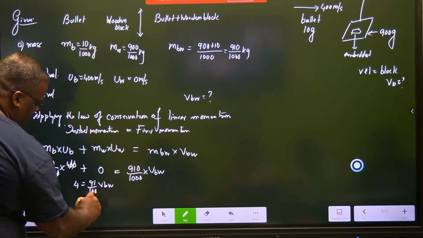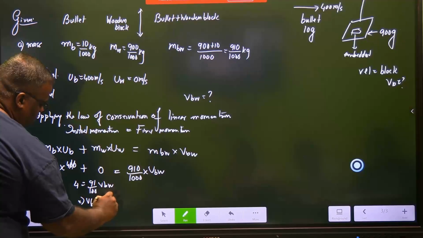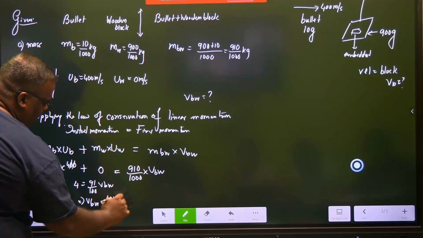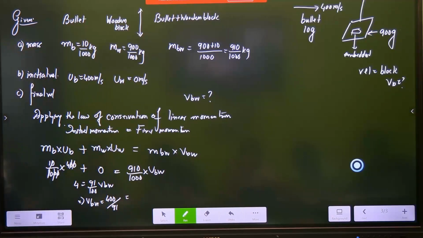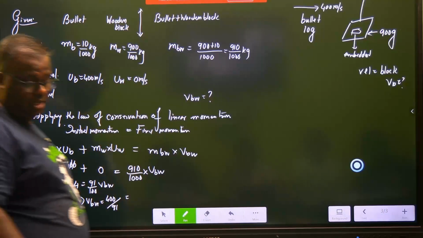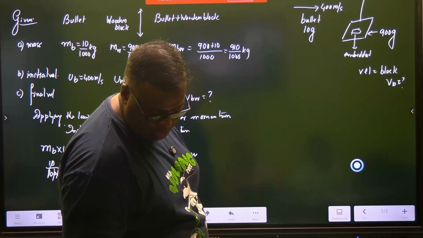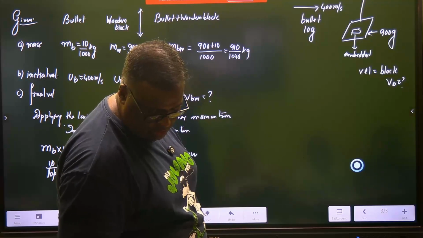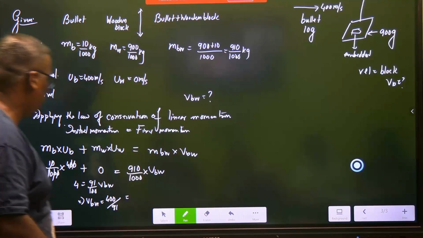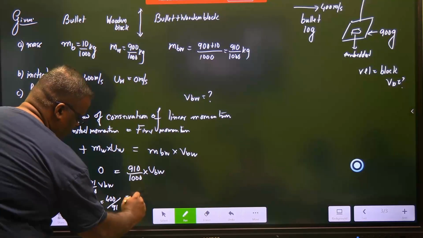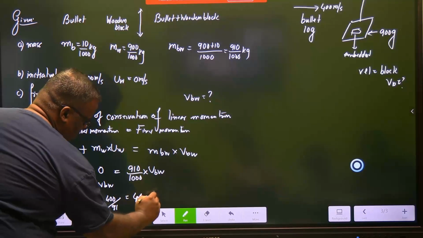So VBW becomes equal to 400 divided by 91. That you have to calculate and tell me. 400 divided by 91 is around 4.39, 4.4. So this is 4.4 meters per second.